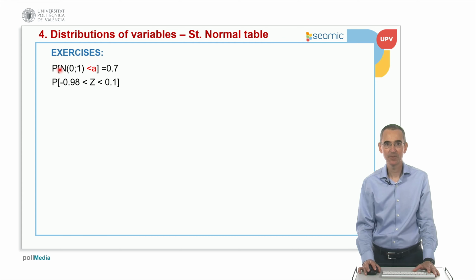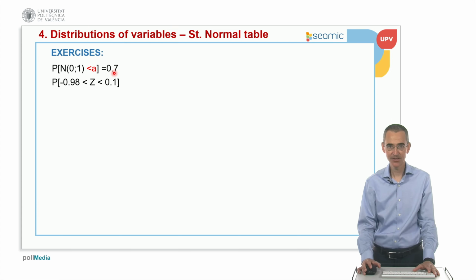For example, the inverse calculation: the probability to be less than a value equal to 0.7, similar to the calculation that I did in the previous slide. Or the probability that this standard normal is inside a given interval between minus 0.98 and 0.9.